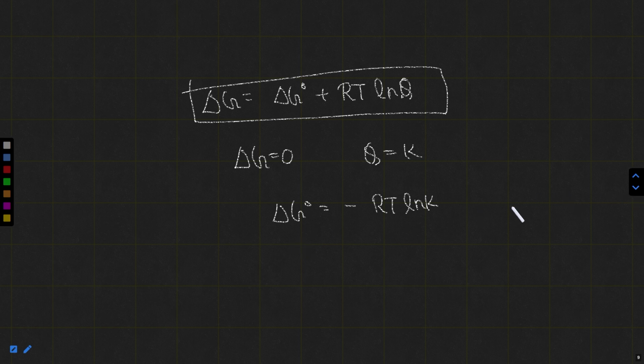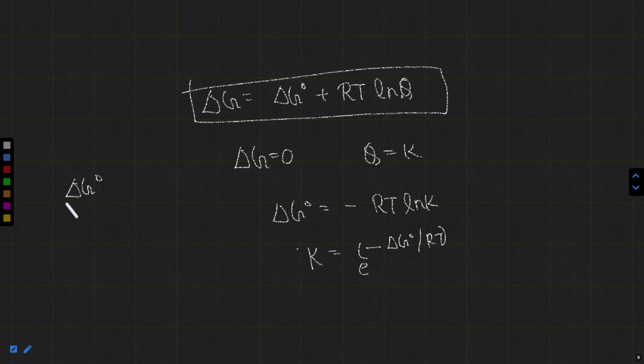Now we have the value of delta G naught, so we have to find K. If you write it, K will be equal to e to the power minus delta G naught by RT. So how have we done this? If you don't understand, just see. I'm writing the middle part.